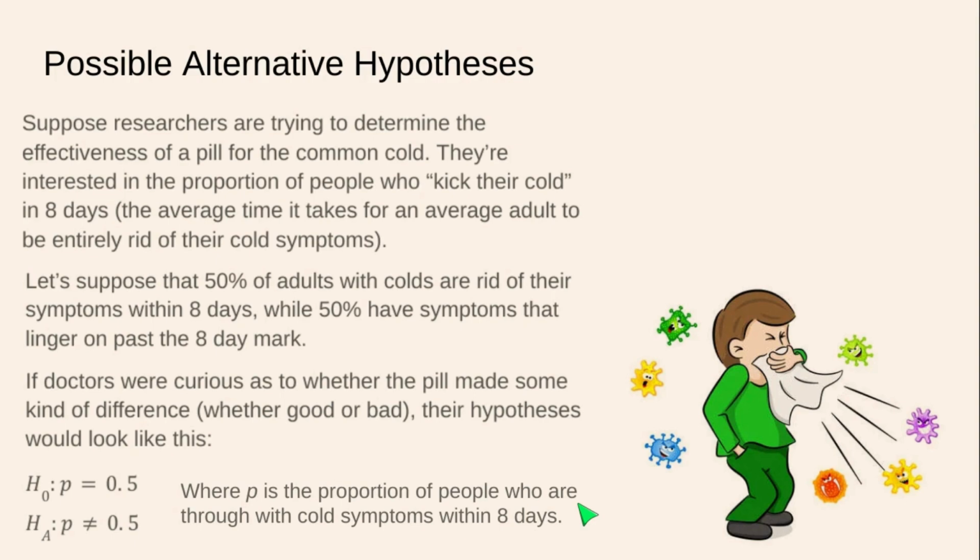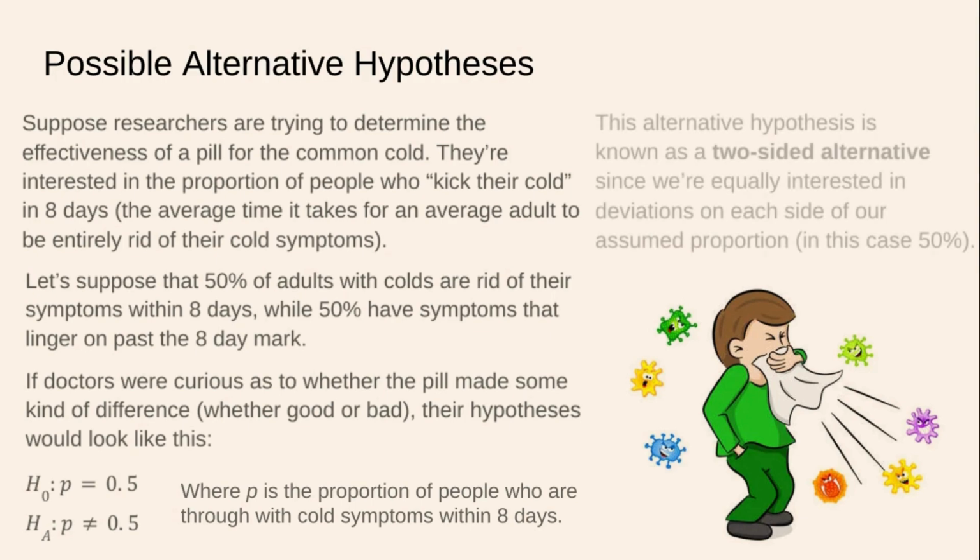It's either equals or not equals. Null would be equals, alternative would be something different. This alternative hypothesis is known as a two-sided alternative, since we are equally interested in deviations on either side of our assumed proportion, the assumed proportion being 50%.